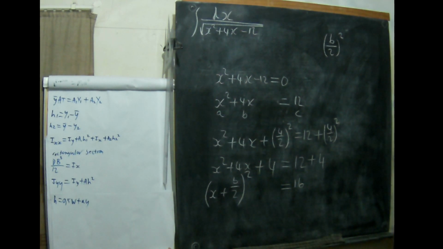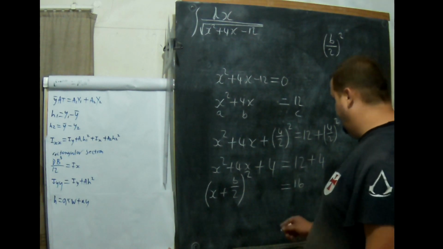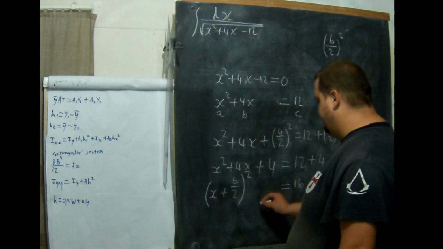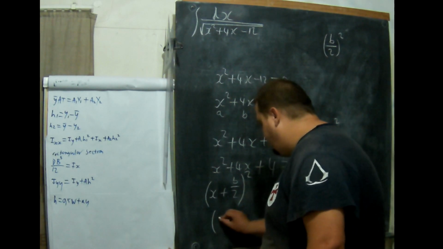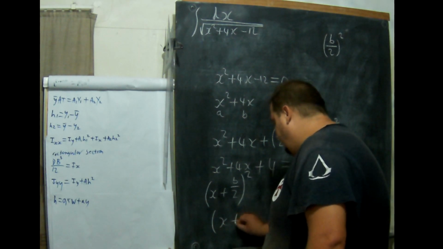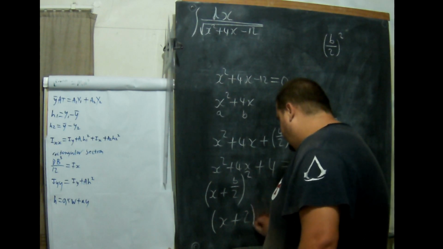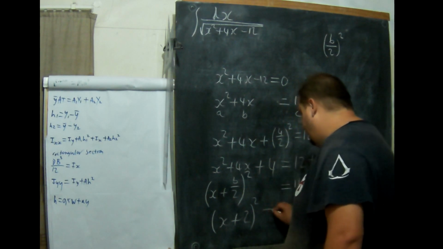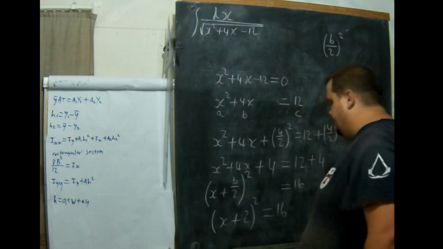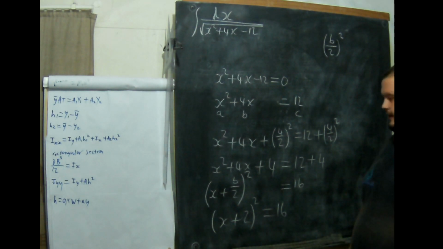That is what's going to be our formula. So this is x plus 2 squared equals 16. Now we want to find x.